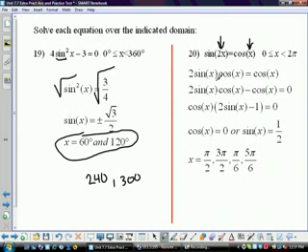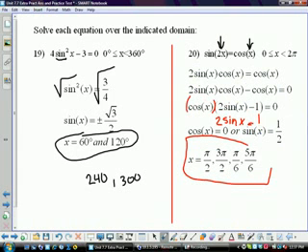So I use my double angle identity, which says 2 sine of x times cosine of x equals cosine of x. I subtract cosine over. I factor out cosine. And I set both of my factors equal to 0. Cosine of x equals 0 or sine equals, and I solve. I divide by 2, so sine x equals 1/2. I look it up in my tables, and those are the answers I should get.